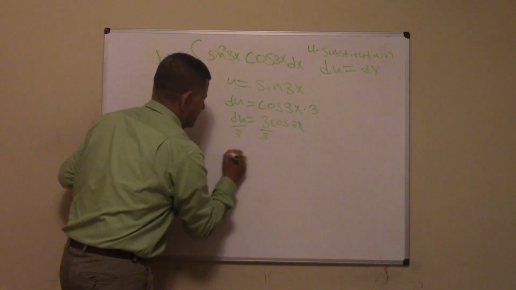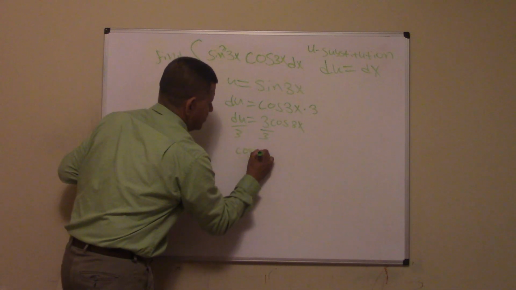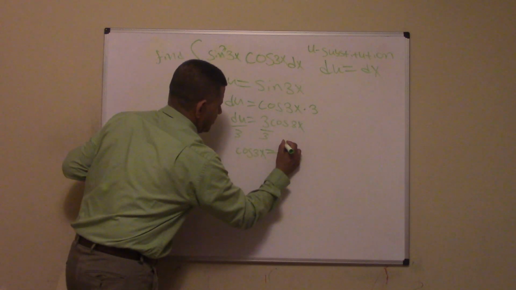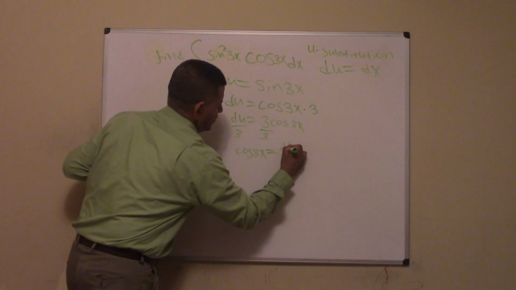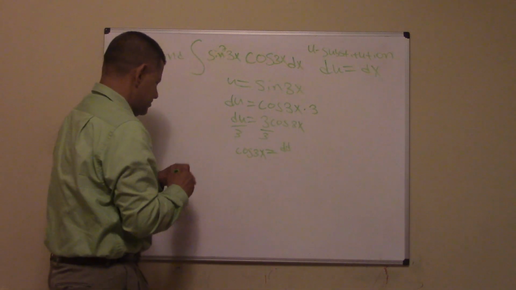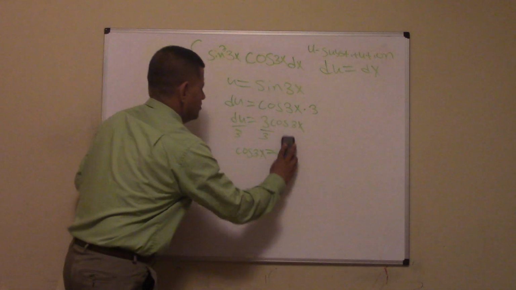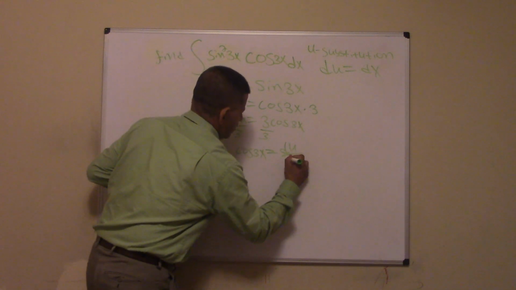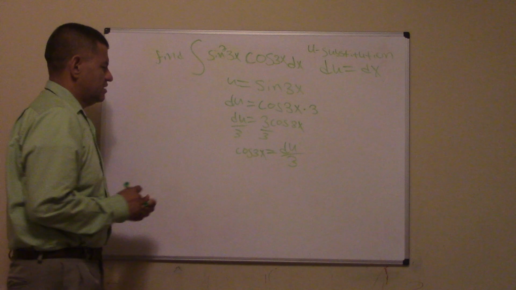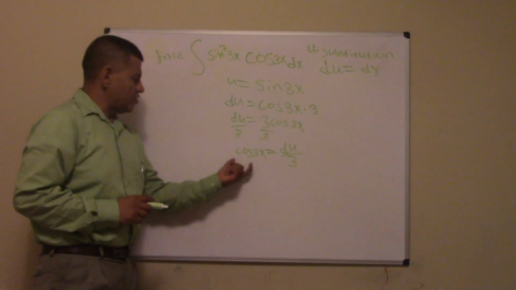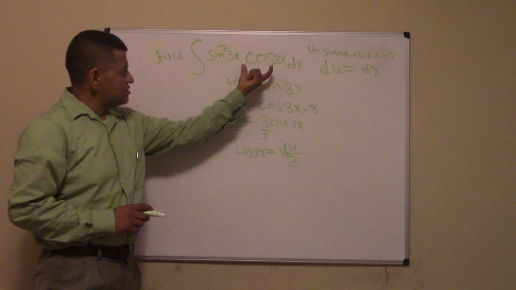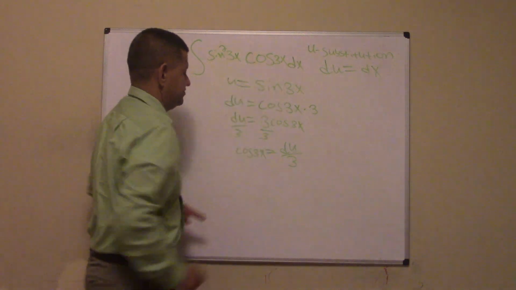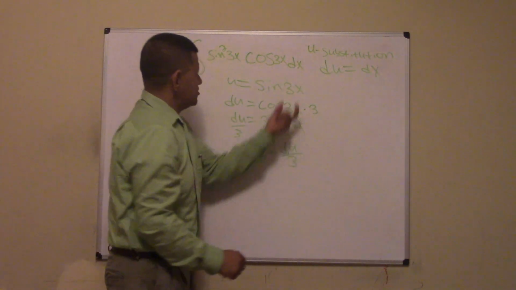Divide by 3 on both sides, and I get cosine 3x dx is equal to 1/3 du. Okay? So now we got this, right? We got the cosine 3x dx equal to 1/3 du.